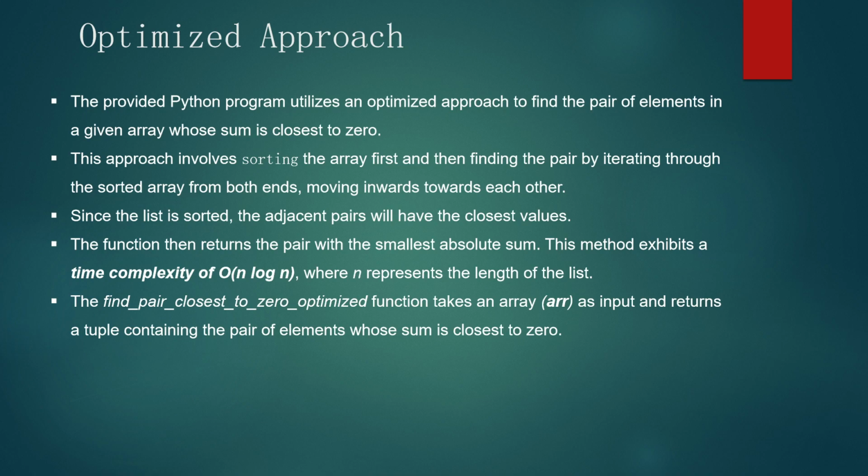The find pair closest to 0 optimized function takes an array as input and returns a tuple containing a pair of elements whose sum is closest to 0.